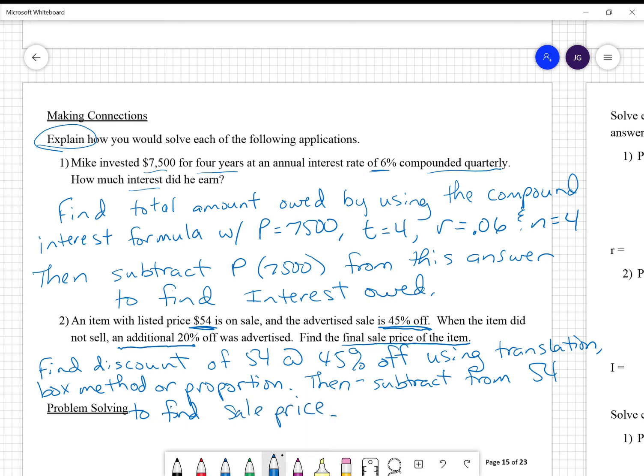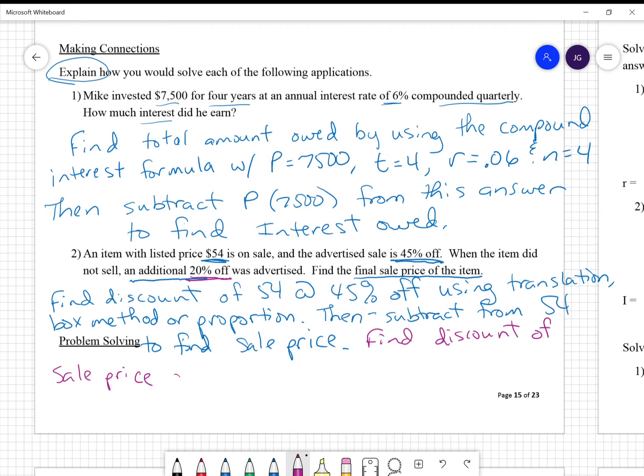Okay, that's my initial sale price, but then it doesn't sell. So now we're going to do a 20% off. So find discount of sale price at 20% off using translation, box method, or proportion.